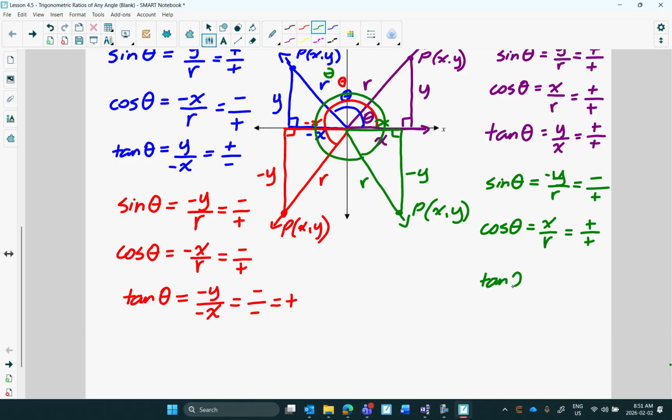And the tan is going to be negative y over positive x, which is a negative over a positive, which is a negative answer. That's a lot of trig ratios to remember.